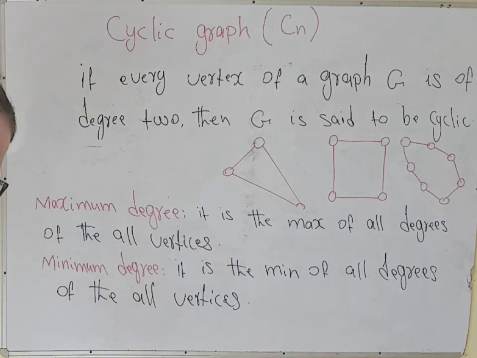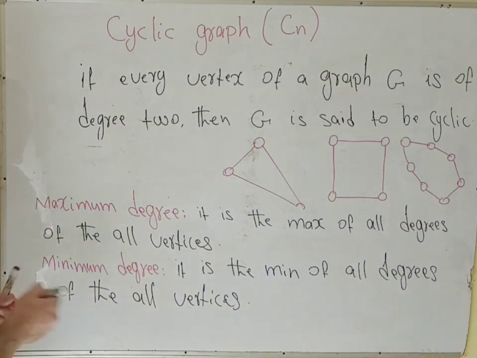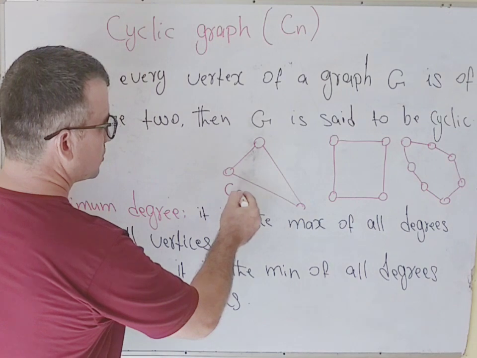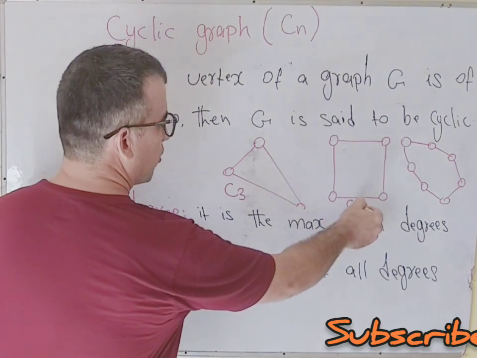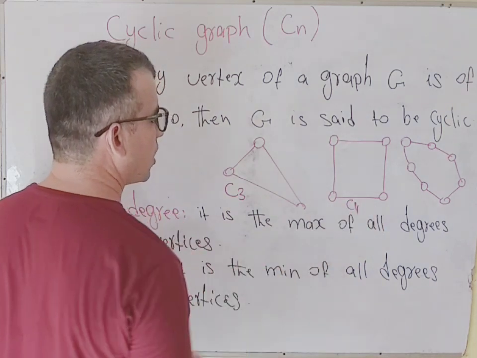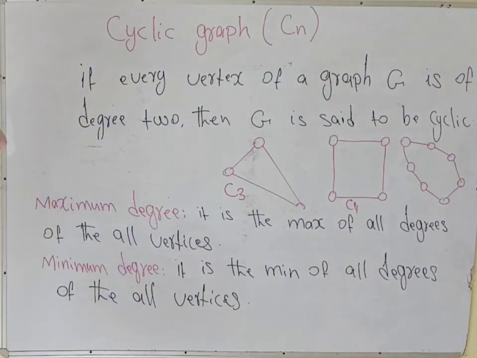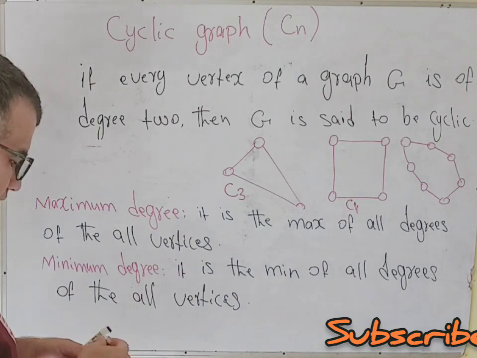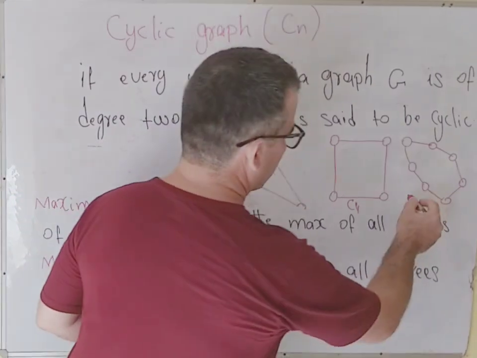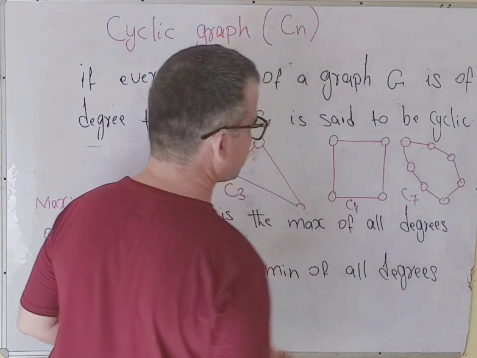C3 means this graph is a cyclic graph that has 3 vertices. This is C4 because this graph has 4 vertices. What about the last one? This graph is C7 because it has 7 vertices. Very nice, 7 vertices.